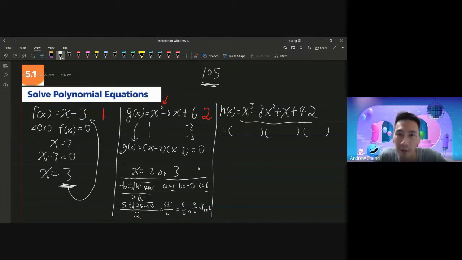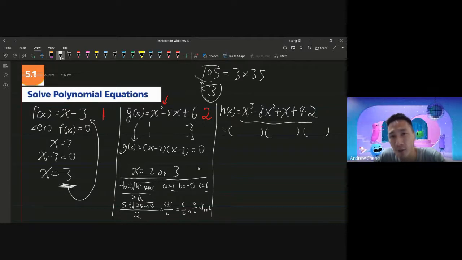The first thing I need to do is find a factor of this number. The factor could be 3, so if 3 is a factor of 105, I can rewrite 105 as 3 times 35. This is called factorizing.